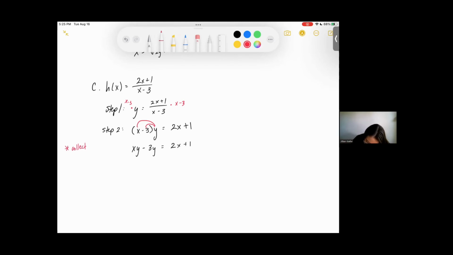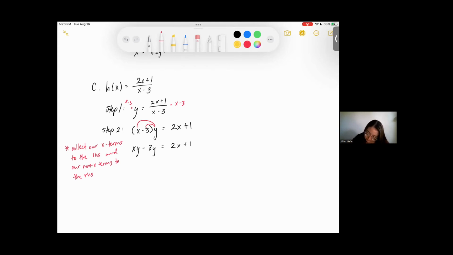We're going to collect our x terms to the left-hand side, LHS, and our non-x terms to the right-hand side, RHS. So that's what we're going to do in this case.